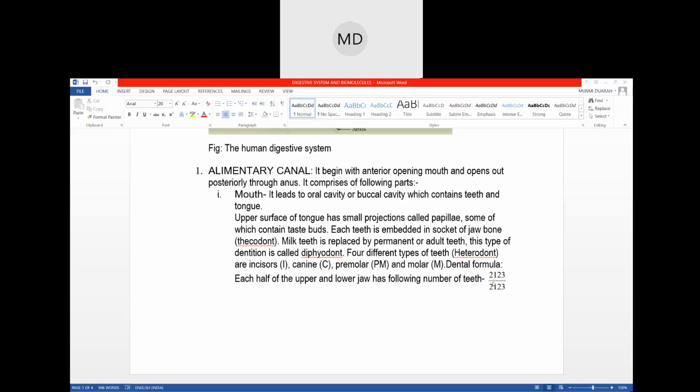Now, if you divide the teeth structure in between, symmetrically, then one side will be 2 and this side 2. There will be 2 incisors on the left side and 2 incisors on the right side.